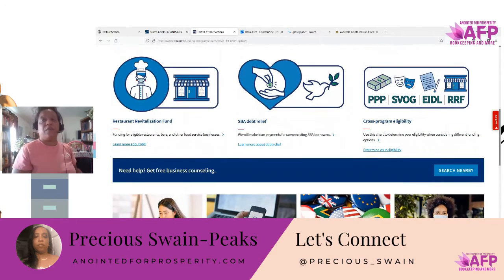The restaurant revitalization was, of course, for restaurants, food service type entities, food trucks, catering businesses. And SBA debt relief made loan payments for some existing borrowers.